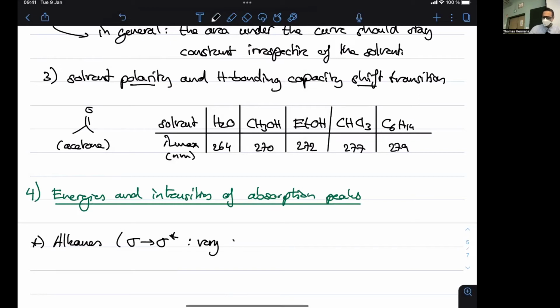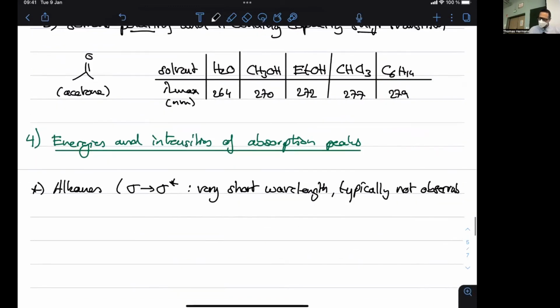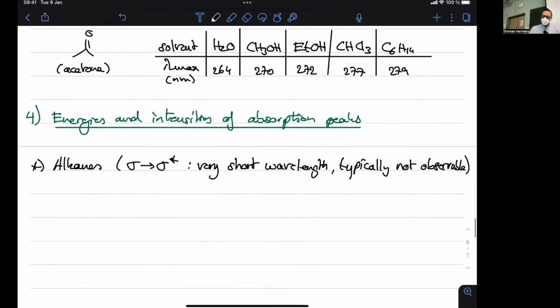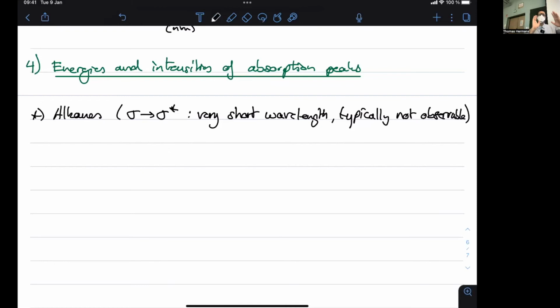Very short wavelength, so typically not observable. Right, so this is just a practical limitation of the machine. This absorption will maybe be at like 180 nanometers, but typically the machine cannot observe 180.